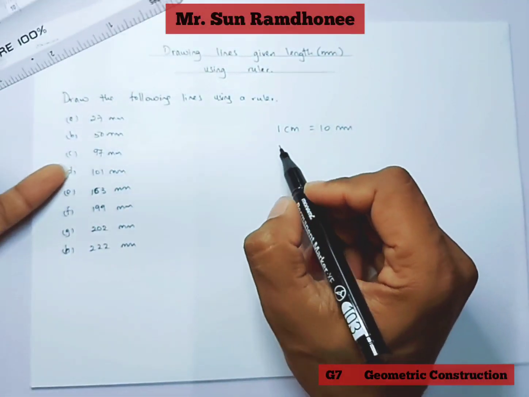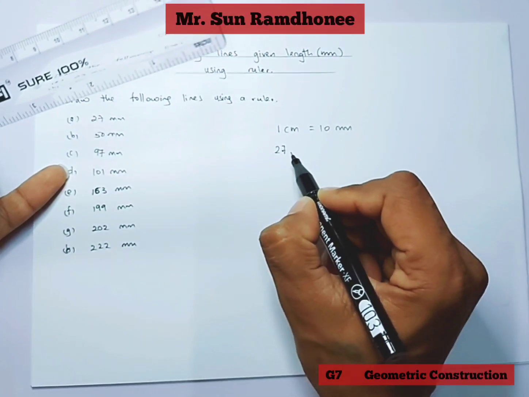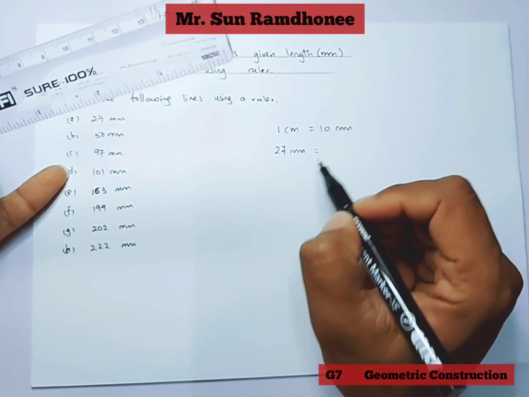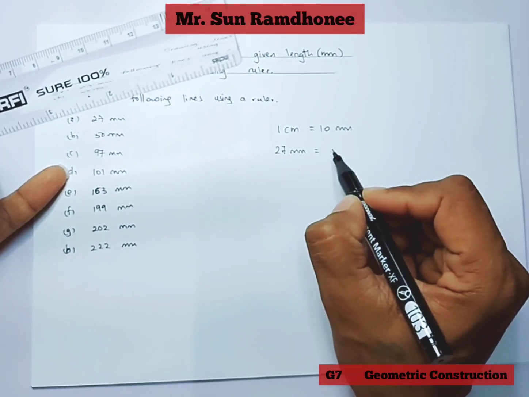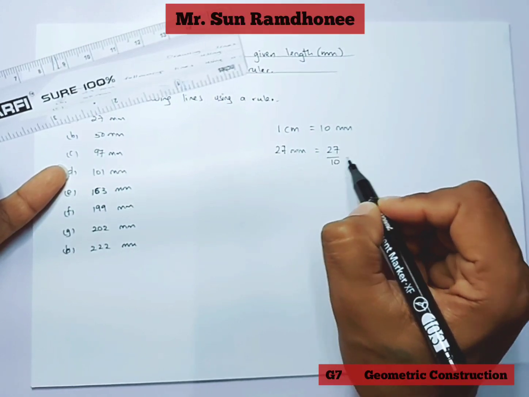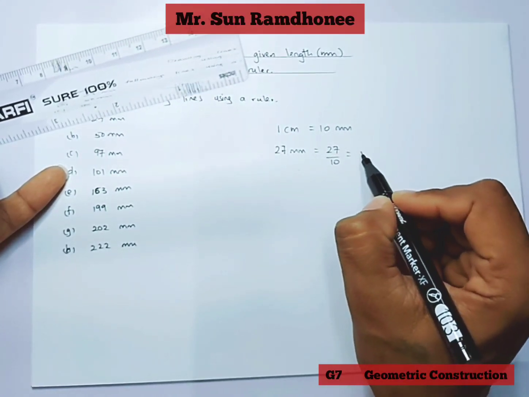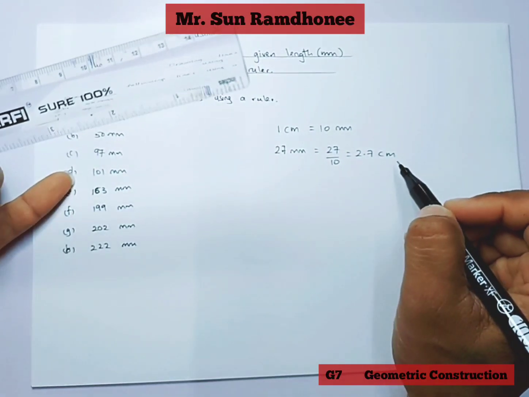One simple trick is that if we have 27 millimeters, we have to convert it into centimeters, which would mean that we have to divide 27 by 10, which would give us 2.7 centimeters.